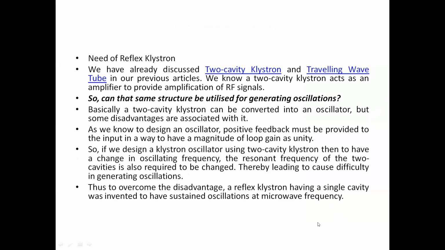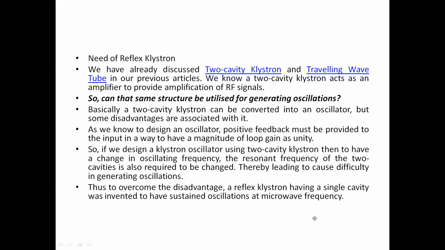In this slide, I mentioned why we need a reflex klystron. First of all, how to convert the tube to an amplifier, by making a proper feedback mechanism. Generally these tube structures are converted into amplifiers.